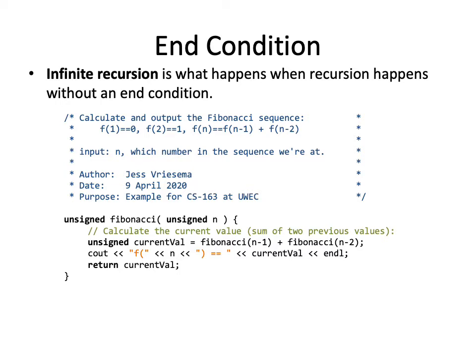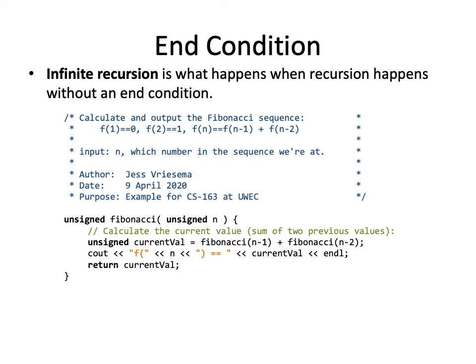So here I'm going to calculate the sum of the two previous Fibonacci numbers. Just like in the second line of the comment at the top of this function header, I have f of n equals f of n minus 1 plus f of n minus 2.